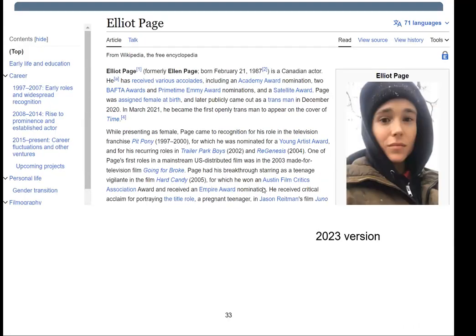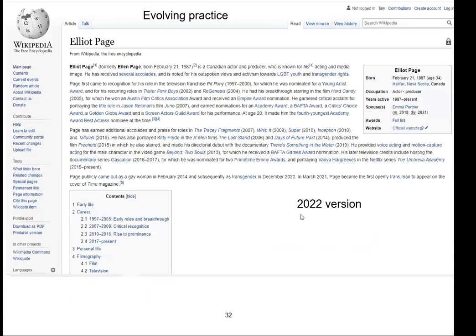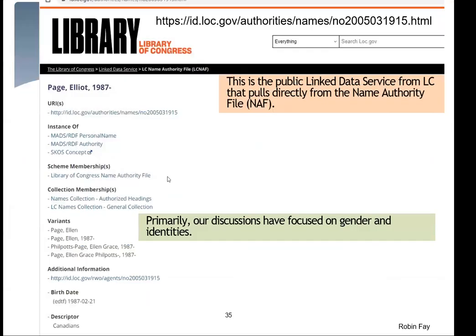In Wikidata, we have something that's a little bit more like the Library of Congress name authorities, where it's the person's name, what their name is in different languages, a description that's getting to the roles that person plays, and other forms of their name, but it's really not the contextual information that Wikipedia includes. So what we include in the Library of Congress name authority file is much more like what you would see in Wikidata.